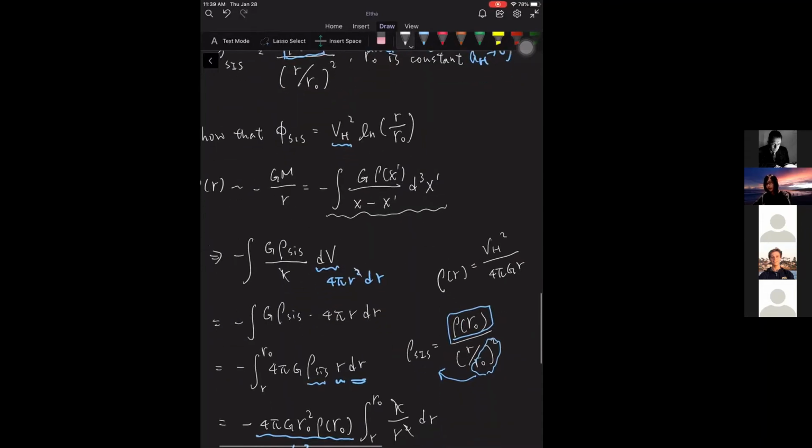This distribution is a function of r, but for the single isothermal sphere, rho naught is like an initial density, so it's a constant, and we relate this rho of r naught with the spherical density distribution at r equals r naught. I see. That makes sense. Thank you. And that's how you got VH squared, right? Thank you.